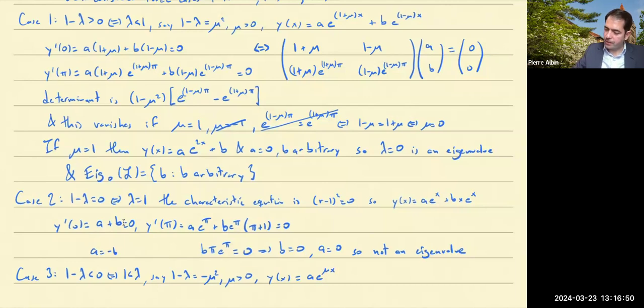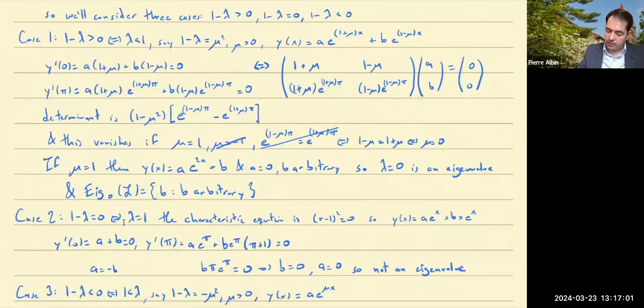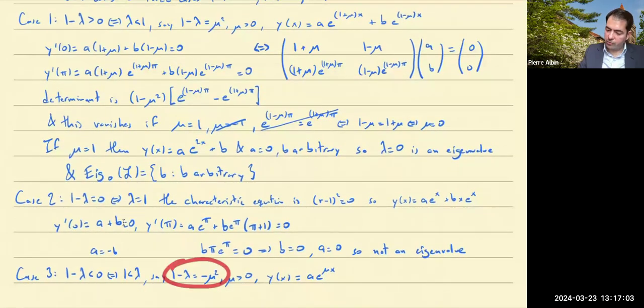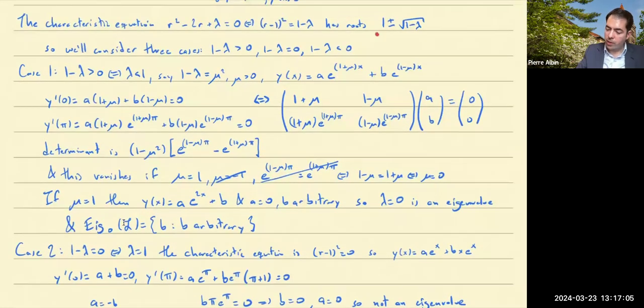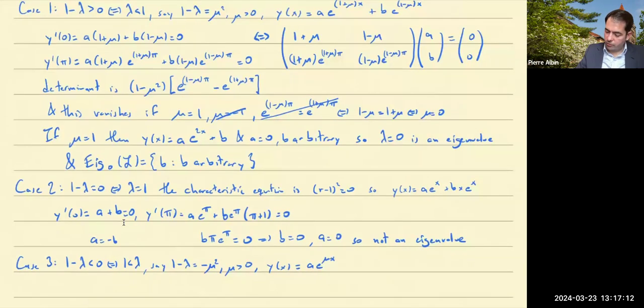The characteristic equation has roots 1 plus minus square root of 1 minus lambda. So if you put 1 minus lambda equal to minus mu squared, then you're going to have roots 1 plus minus i times mu, which means that the general solution is going to be a e to the x cosine mu x plus b e to the x sine mu x.